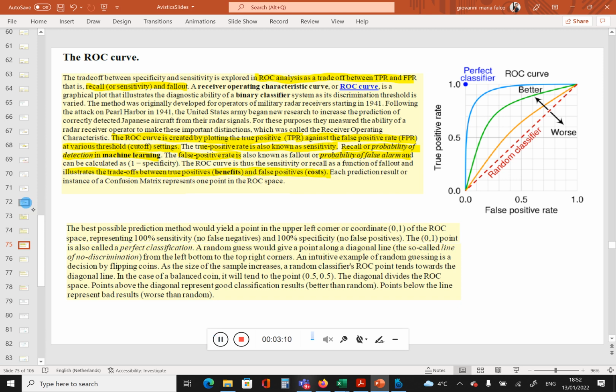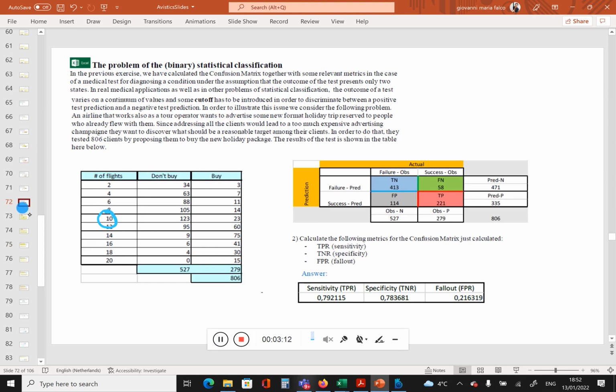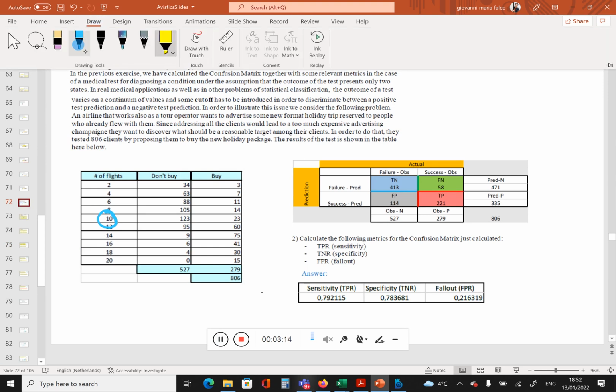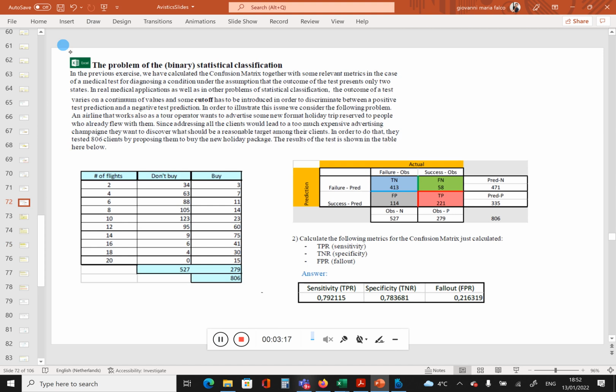So we have to redo this calculation, choosing not only one value of the cutoff but all the possibilities, for example flight experience less than 2, less than 4, and so on, up to flight experience less than 20.